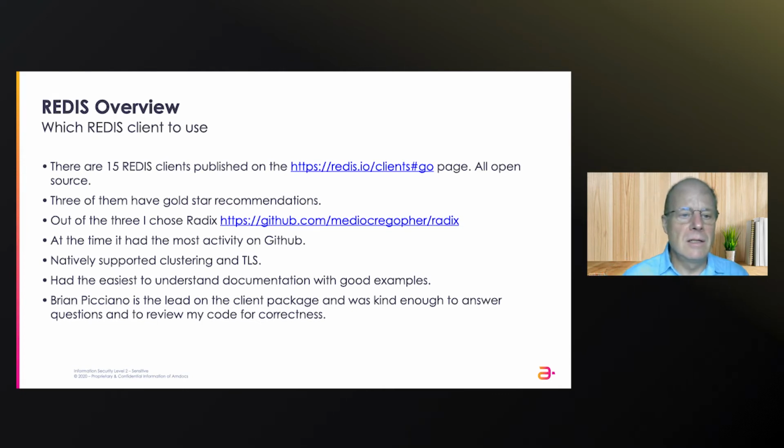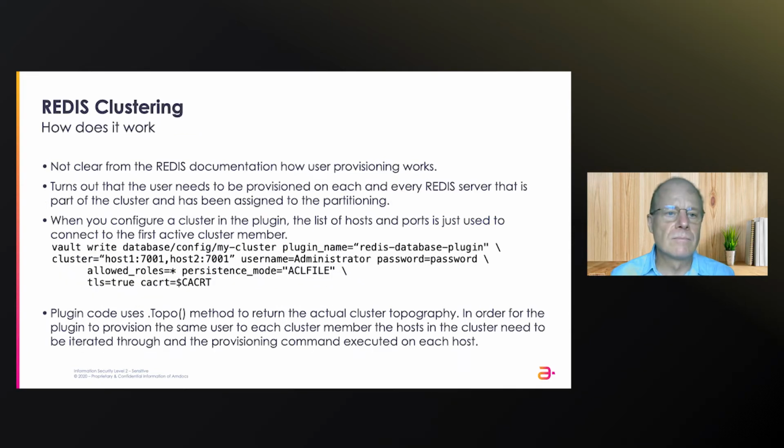And the lead developer, Brian Picciano, was very kind enough to answer questions I emailed him, and he actually reviewed my code for correctness in the end, so I was fairly happy that I'd done a good job using his API, or client API rather.